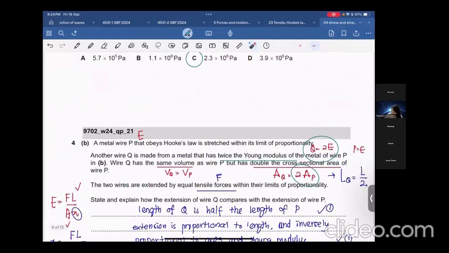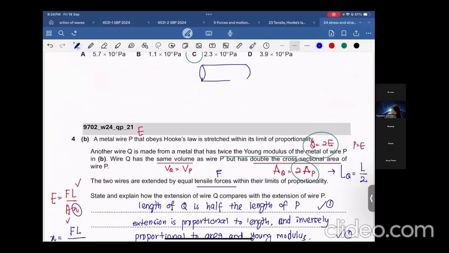Let's say this is the area, 2 meters square, I just simply give a value. Then the length is 5. What is the volume? Volume is the area times the length, so 2 times 5, which is 10 meter cube.